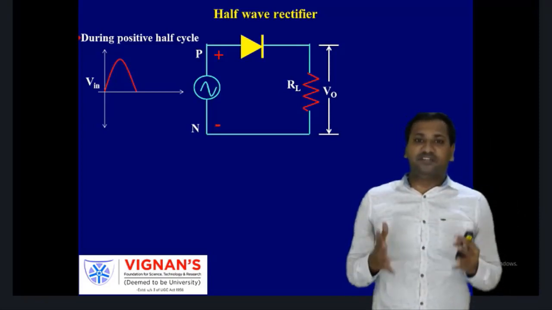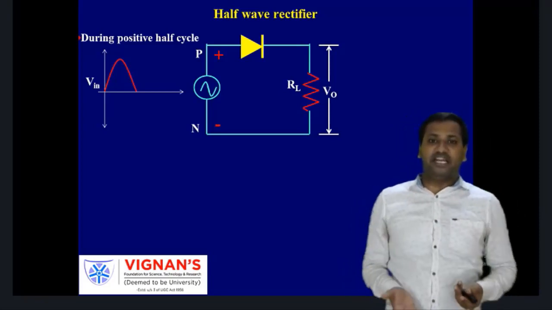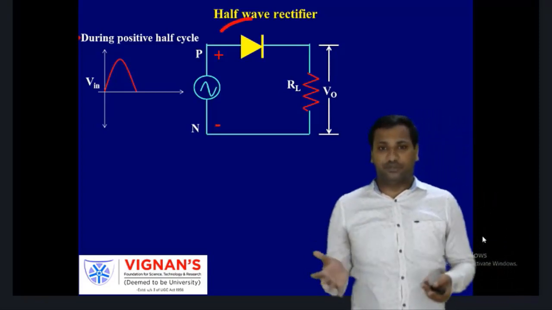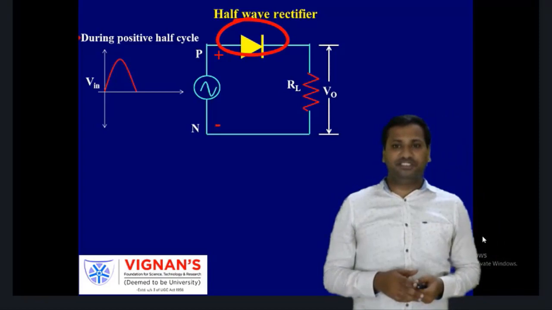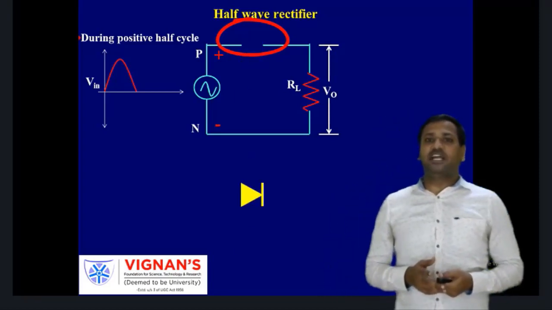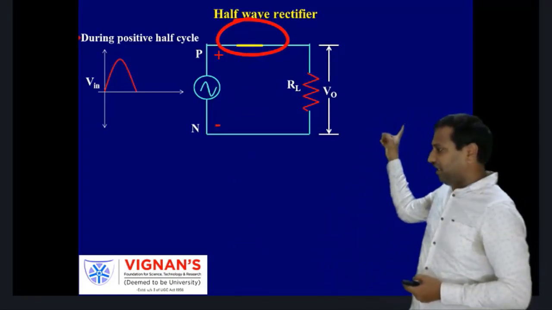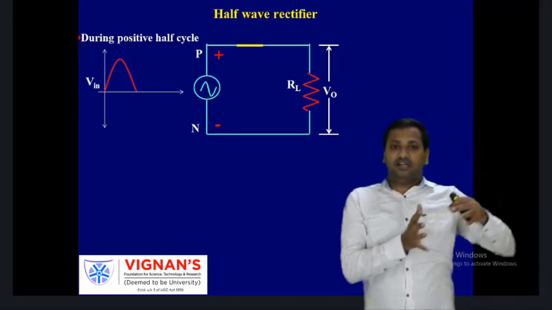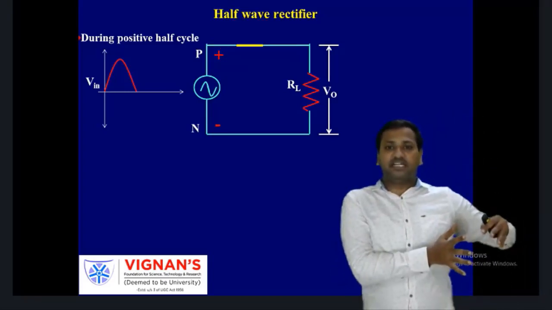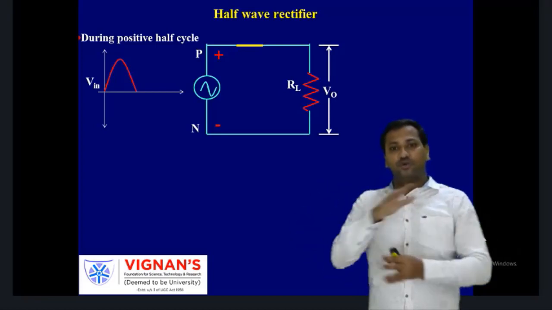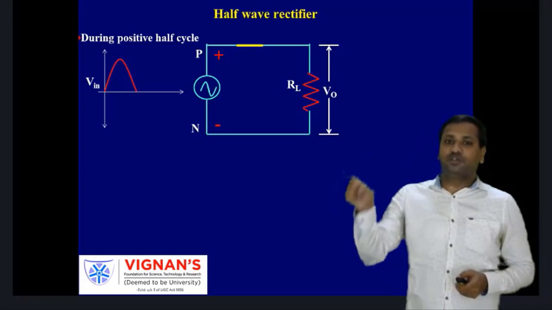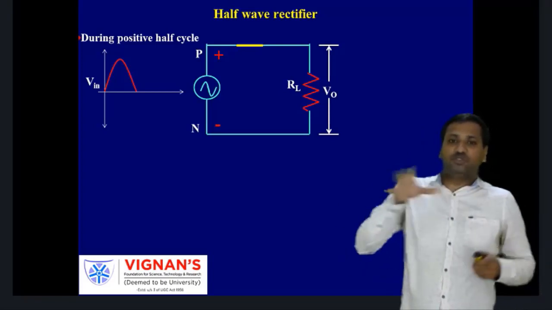When the diode is in forward bias, it acts as a closed switch, or short circuit, or on switch. That means the diode is replaced with a short circuit so that the input voltage is connected to the load through the short-circuited diode. That means there is a closed path from source to load.